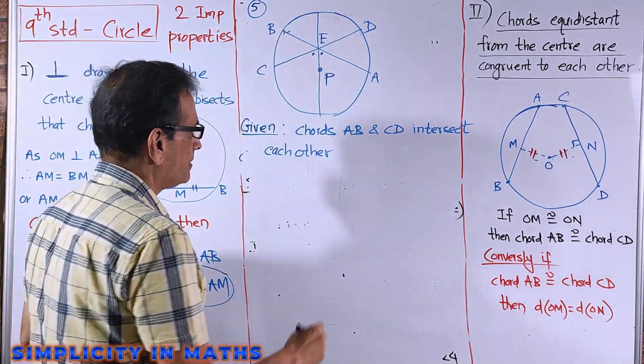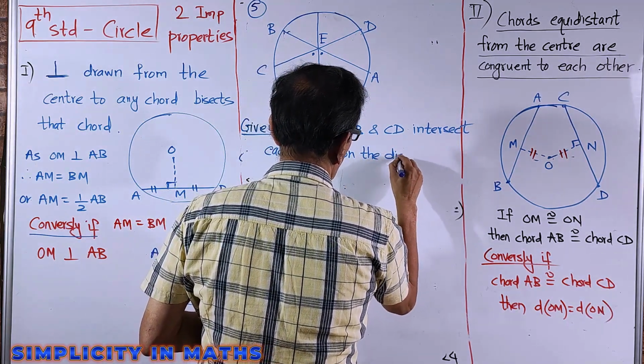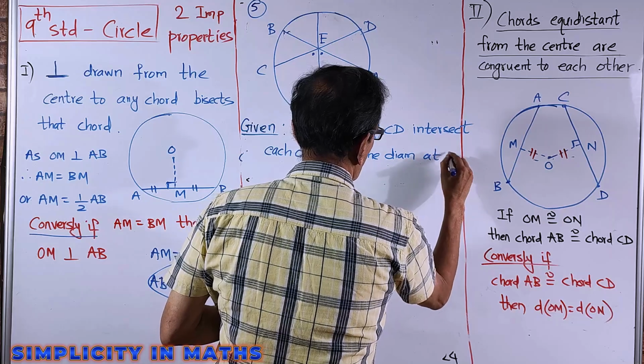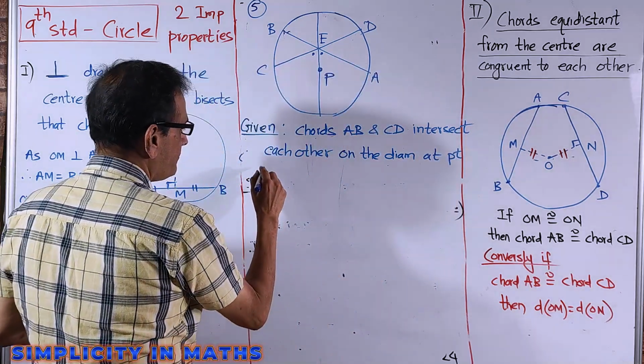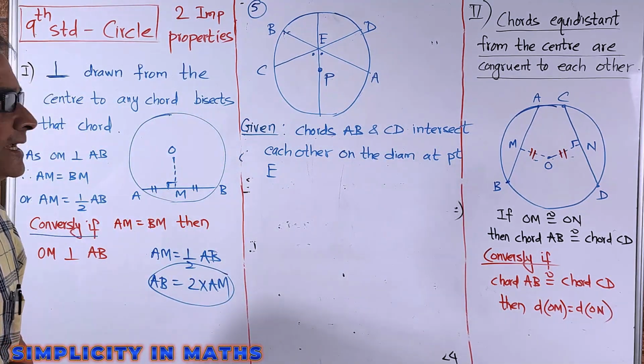This is the diameter. At point E, both chords intersect on the diameter at point E.